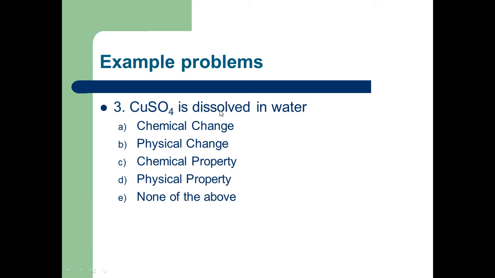So it's dissolved. So that's a change. It's not saying it could dissolve. That would be describing a property. So it's either a physical change or chemical change. Dissolve just means mixed in. It doesn't say anything happened. We don't know if any of the 4 signs of a chemical change have occurred. So your best choice here is a physical change. And copper sulfate dissolved in water is a physical change.